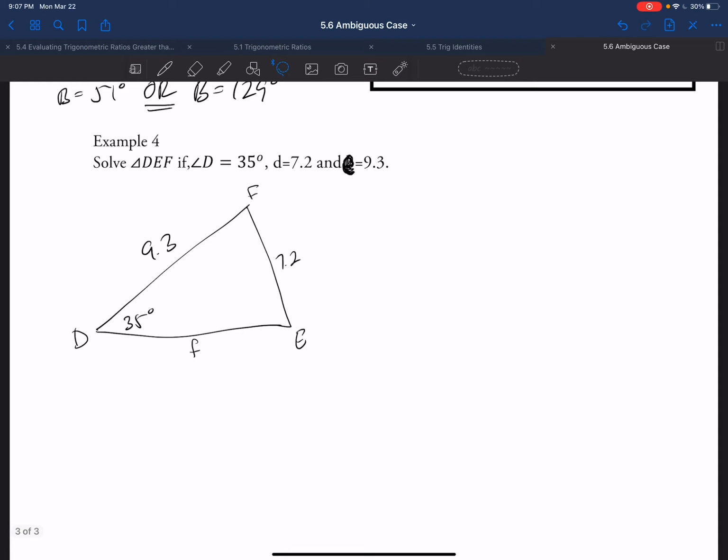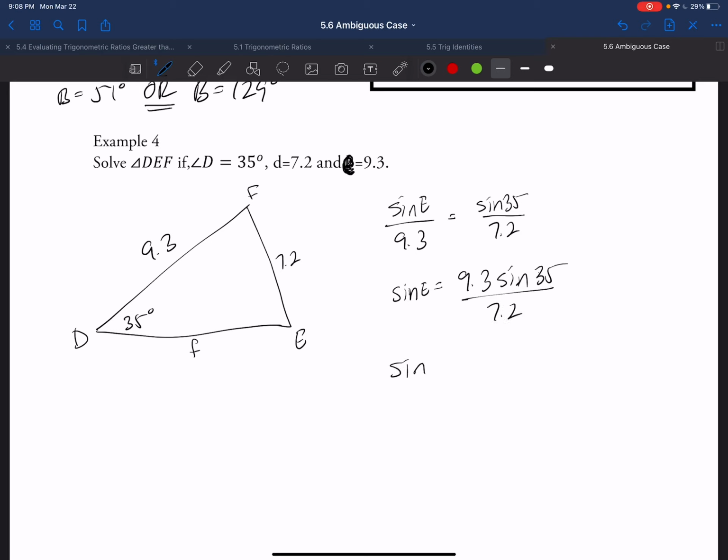So solve for sine of E. We're going to multiply both sides by 9.3. Okay, and then angle E.